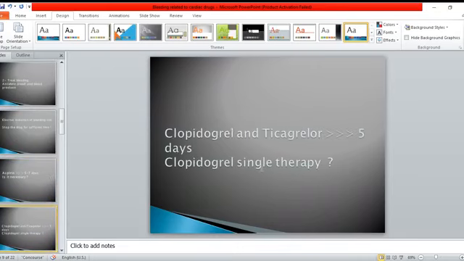For clopidogrel and ticagrelor, we need 5 days before elective procedures or elective surgery. If clopidogrel is used alone, as an alternative to aspirin, we deal with clopidogrel as aspirin. So in most surgeries, we can continue clopidogrel single therapy for patients undergoing elective procedures.